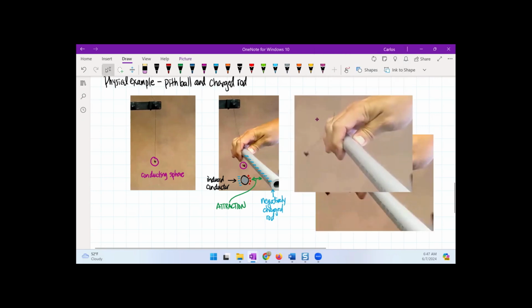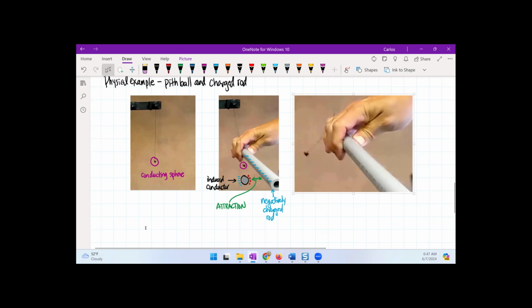And when I look at this again, you're seeing that here it was being attracted, here it's being repulsed. What happens is that some of the charge here has now been deposited, so there's missing charge now.